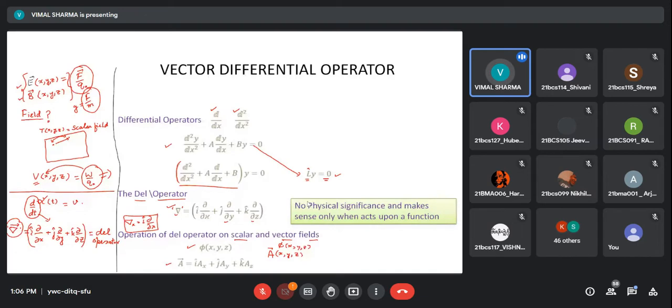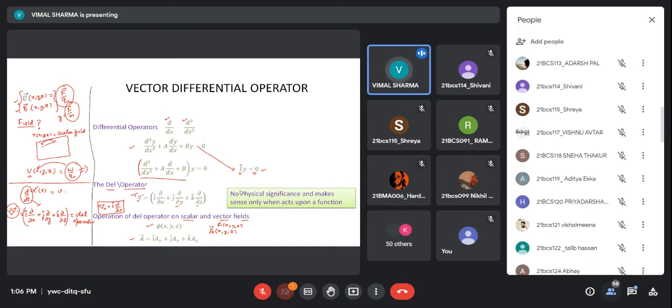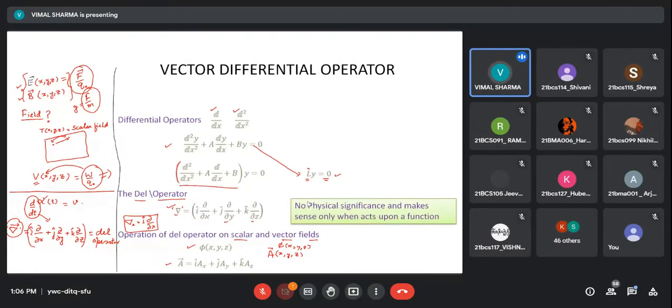There is only one way we operate with this operator on a scalar field, and that is called the gradient of a scalar. There are two ways we can operate with this operator on a vector field, and those two are divergence of a vector field and curl of a vector field.